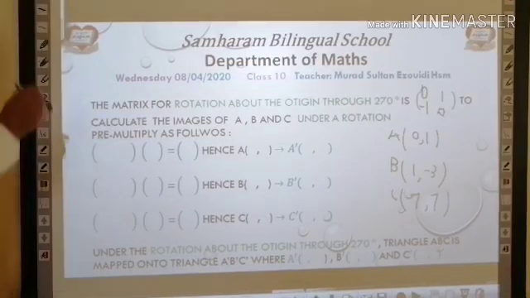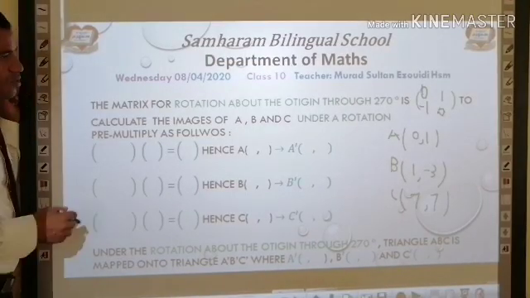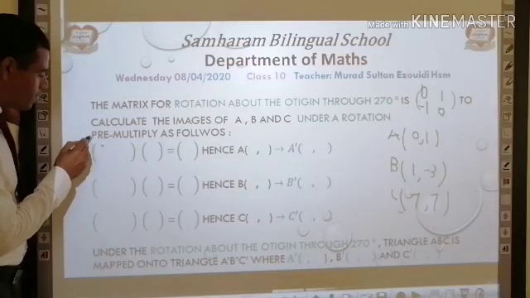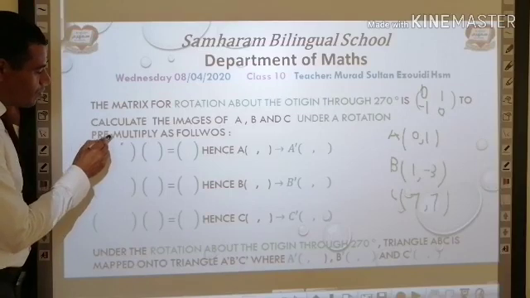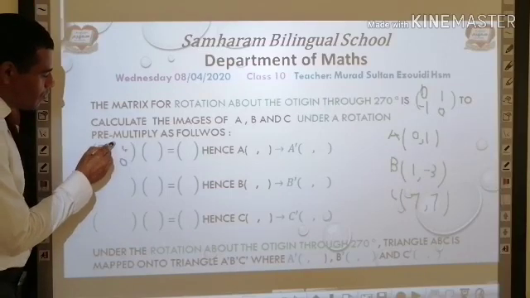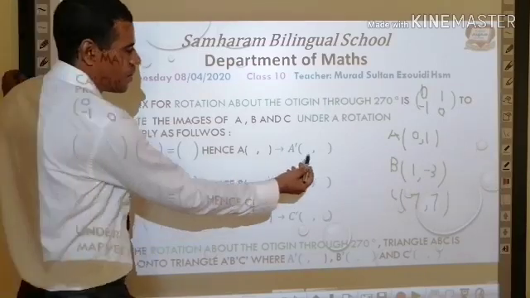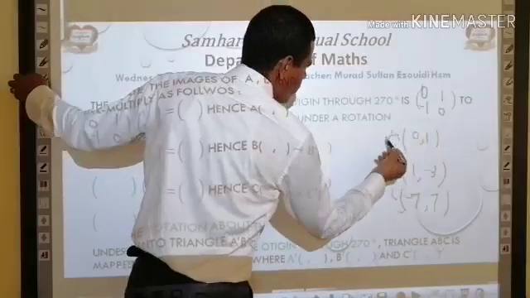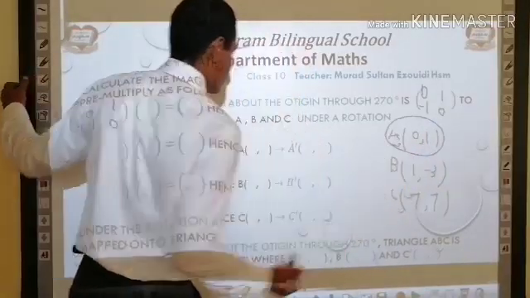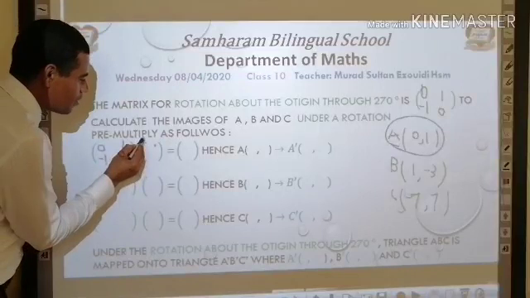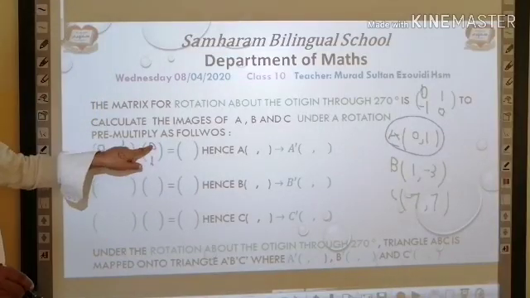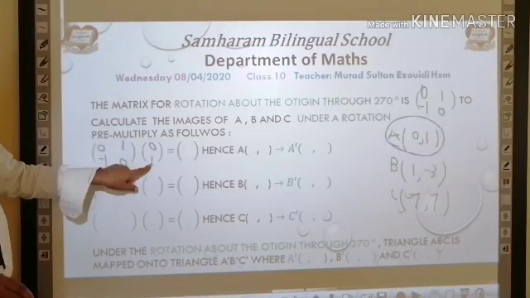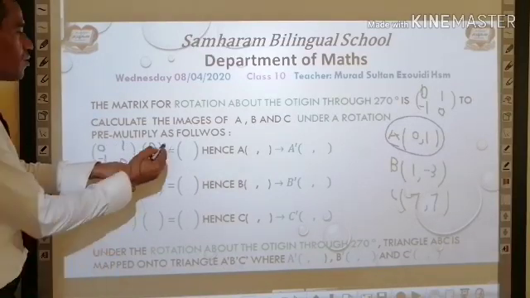Okay. Zaid Ibrahim, the first one. I will just write here 0, minus 1, then 1, 0. Multiply by what? Yes, Zaid, multiply by the coordinates of this point A, but try to write it as a kind of vector. It will be 0, 1. Good. Then 0 multiplied by 0 is 0, plus 1 multiplied by 1 is 1. 0 plus 1 is 1.